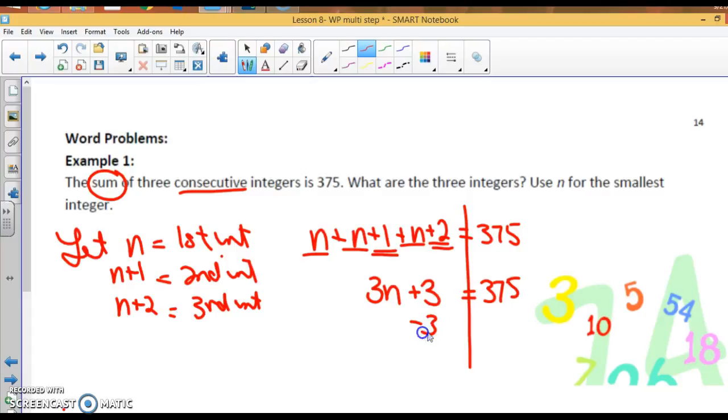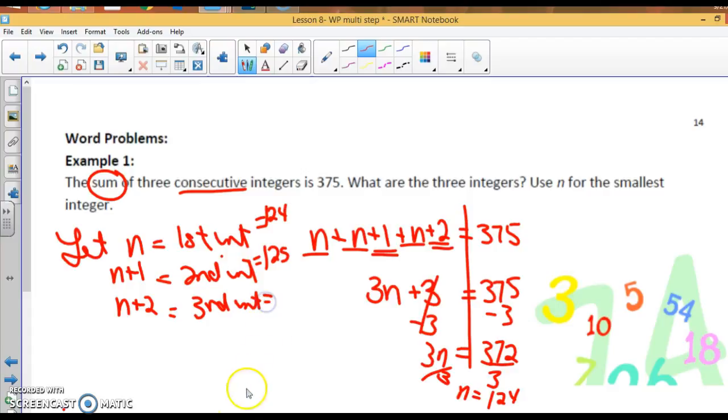Now, subtract 3 from both sides. 3n is what? 372. Divide both sides by 3, and I get n is 124. So, my first integer is 124. 124 plus 1 is 125, and 124 plus 2 is 126.